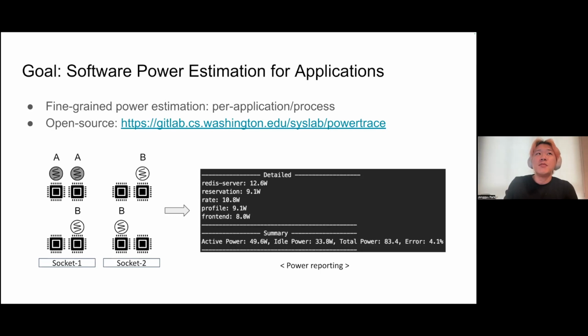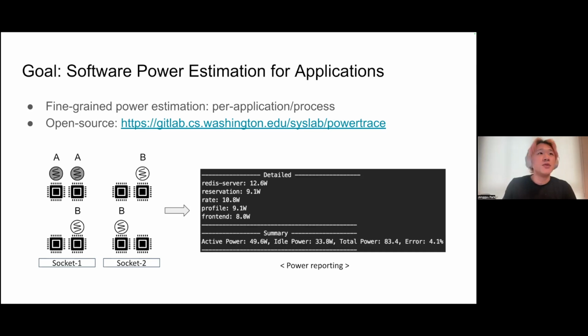To overcome such problems, our goal is to build a new open source software power estimation tool that provides finer-grained power estimation in real time without using RAPL. Our tool identifies what applications are currently running and attributes power to individual applications by utilizing various CPU-related information, such as various CPU states and other performance counters obtained from the perf command.